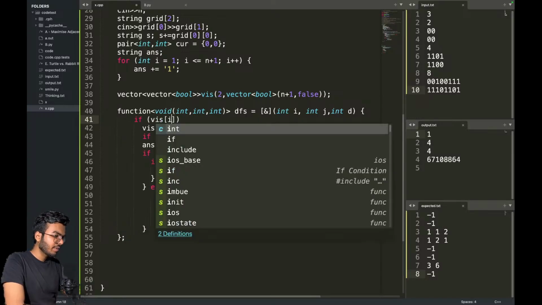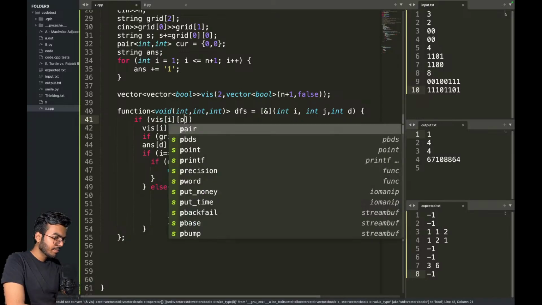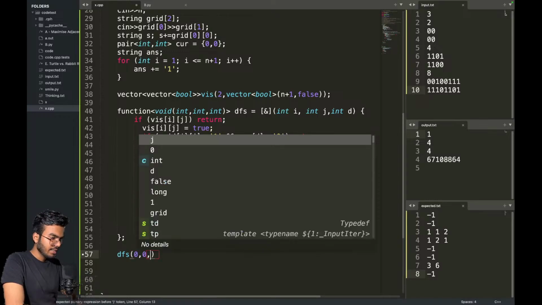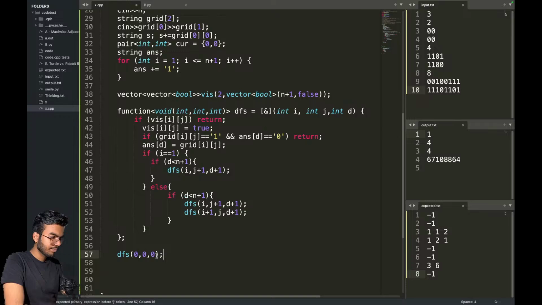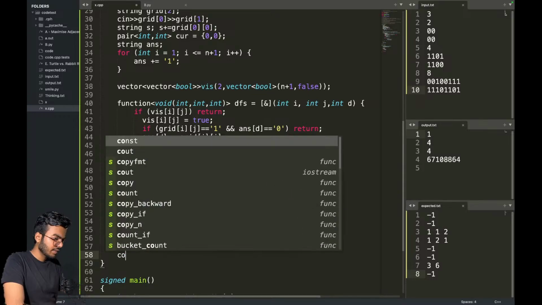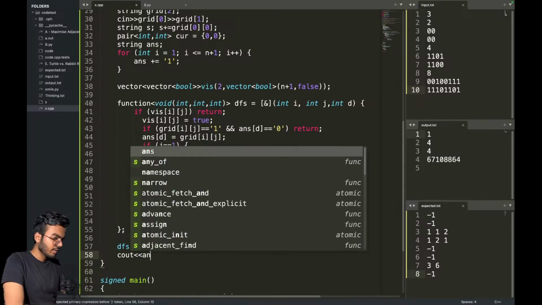So if visited of i and j, if it was already visited, then I will simply return out of the function. So now I will say DFS of, I'm starting from 0 0, right, and the depth is also 0. So I'm running this. Let's actually see our answer.